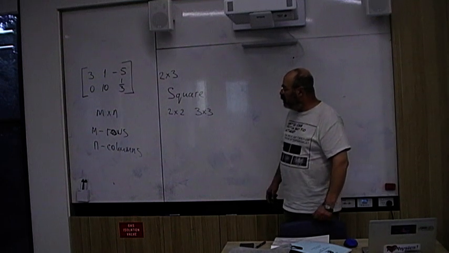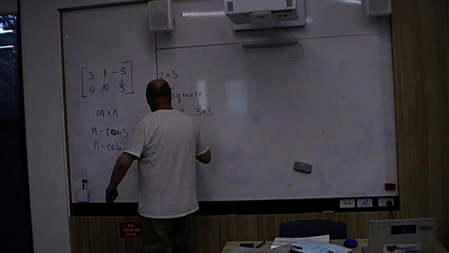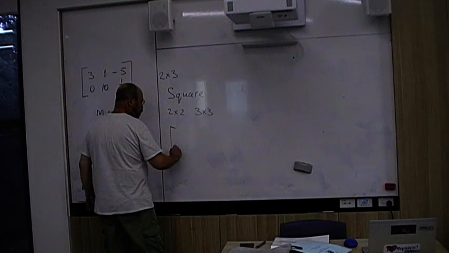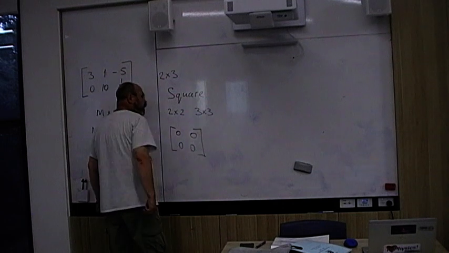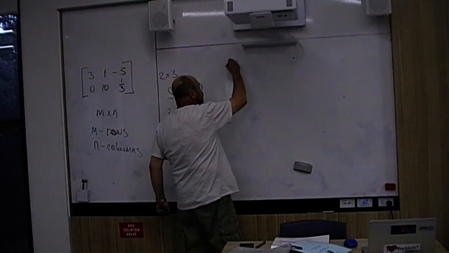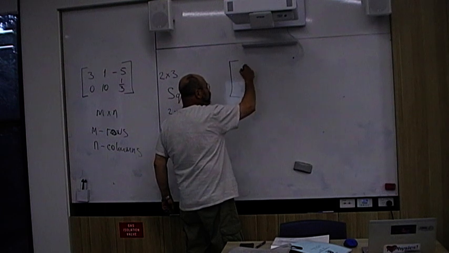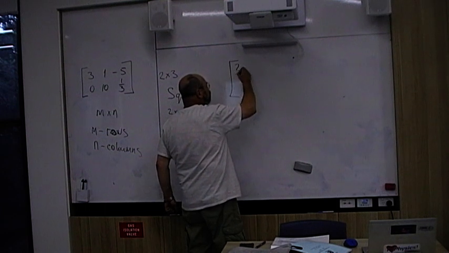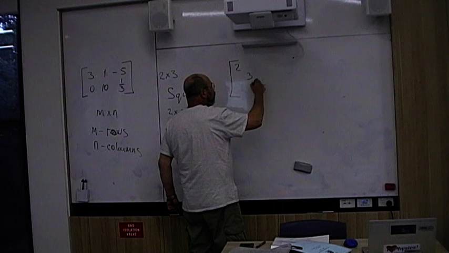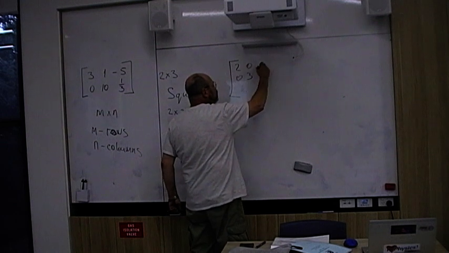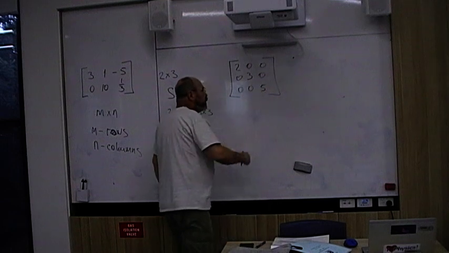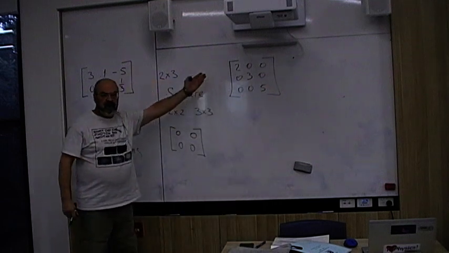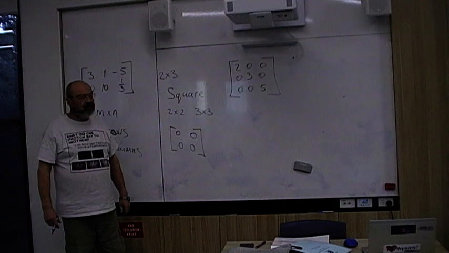Square matrix, then a null matrix is when all elements are zeros. A diagonal matrix, if we have numbers only on the diagonal, let's say 2, 3, 5, everything else is zeros. Again, it's applicable to the square matrix.